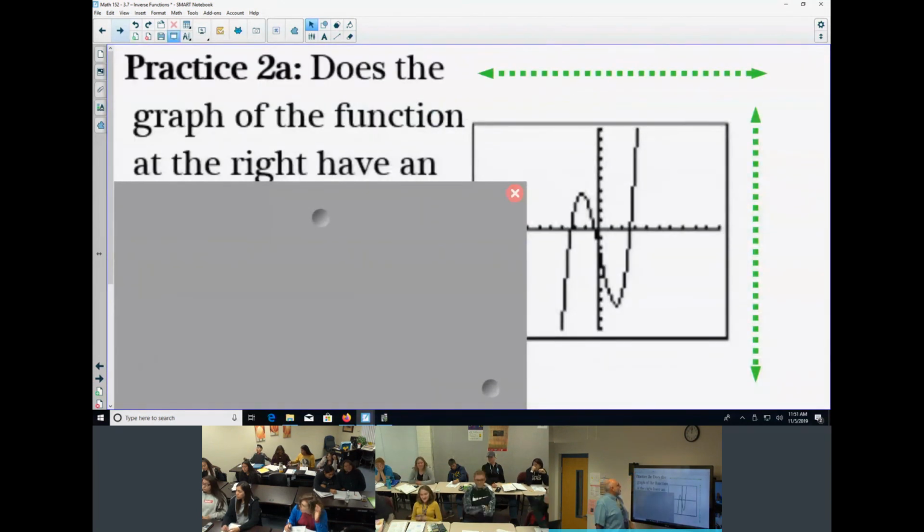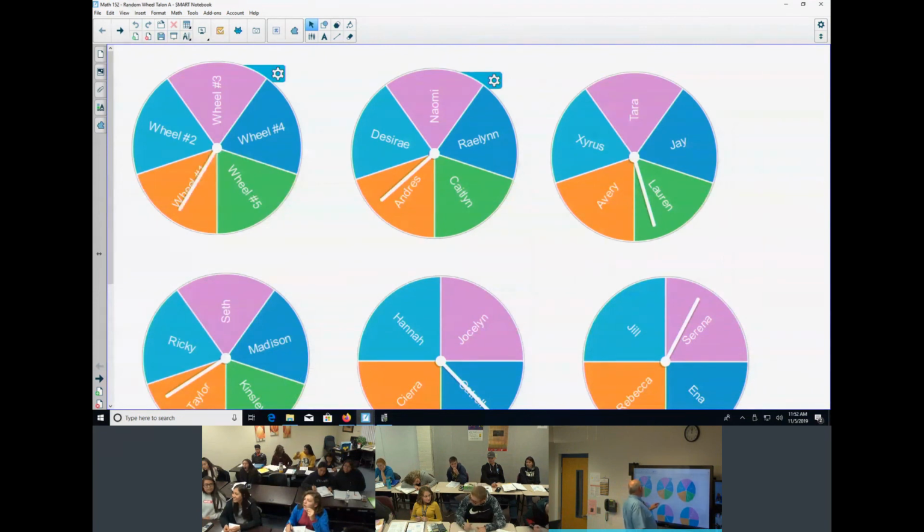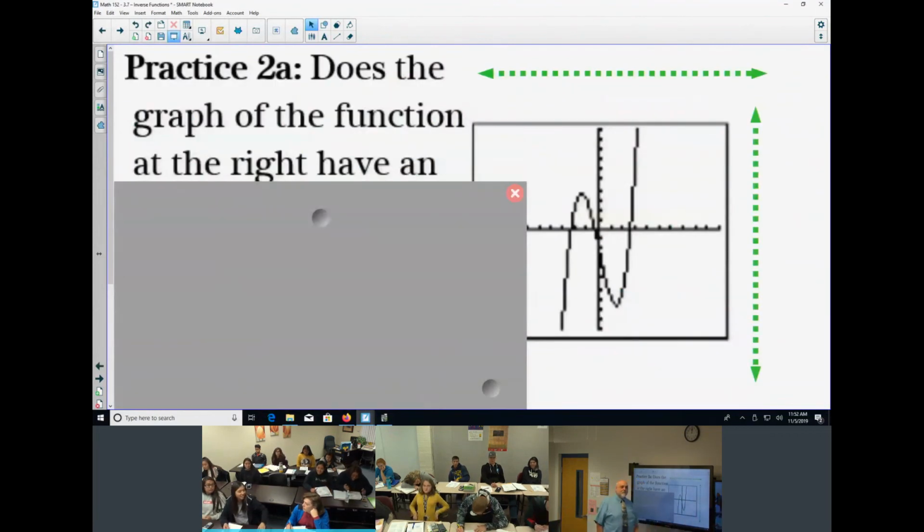Okay, so does the graph of the function at the right have an inverse? All right, Tara, what do you think? Does it pass the horizontal line test?